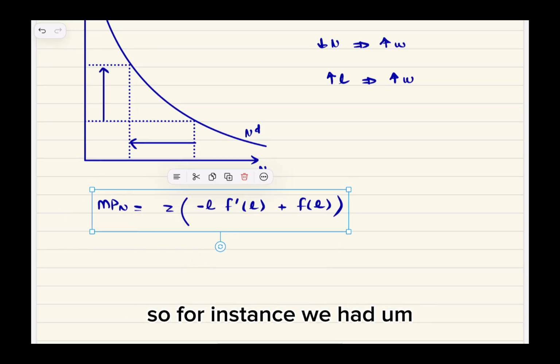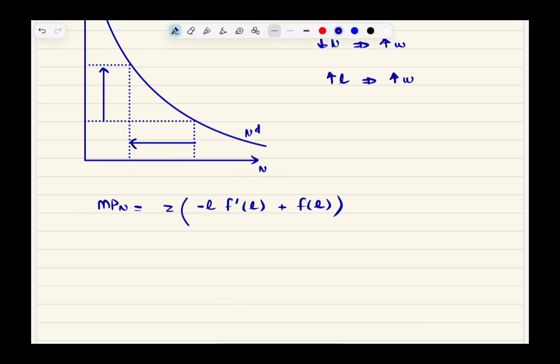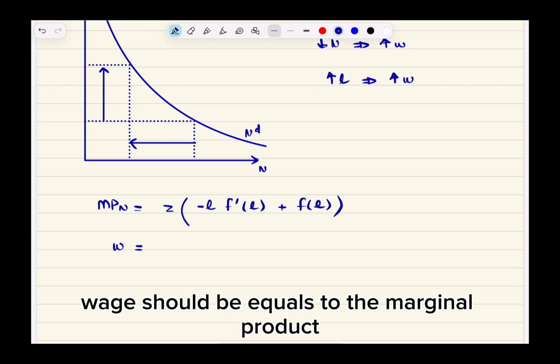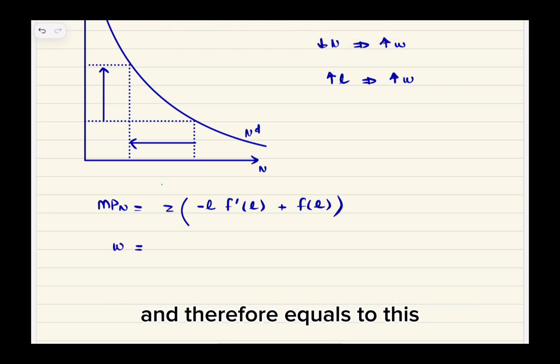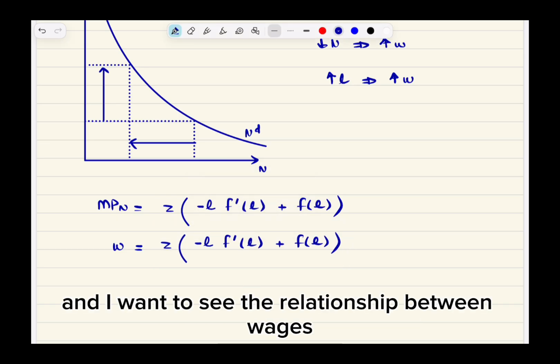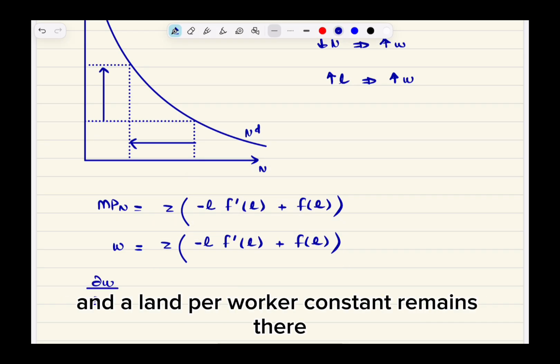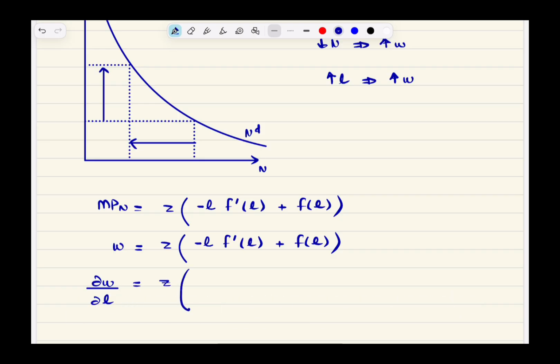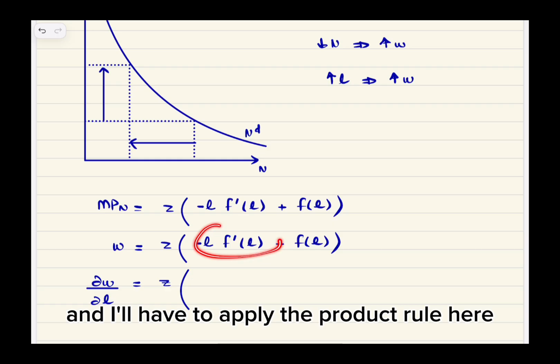So for instance, we had wage equal to the marginal product and therefore equal to this. And I want to see the relationship between wages and land per worker. The constant remains there, and I'll have to apply the product rule here.